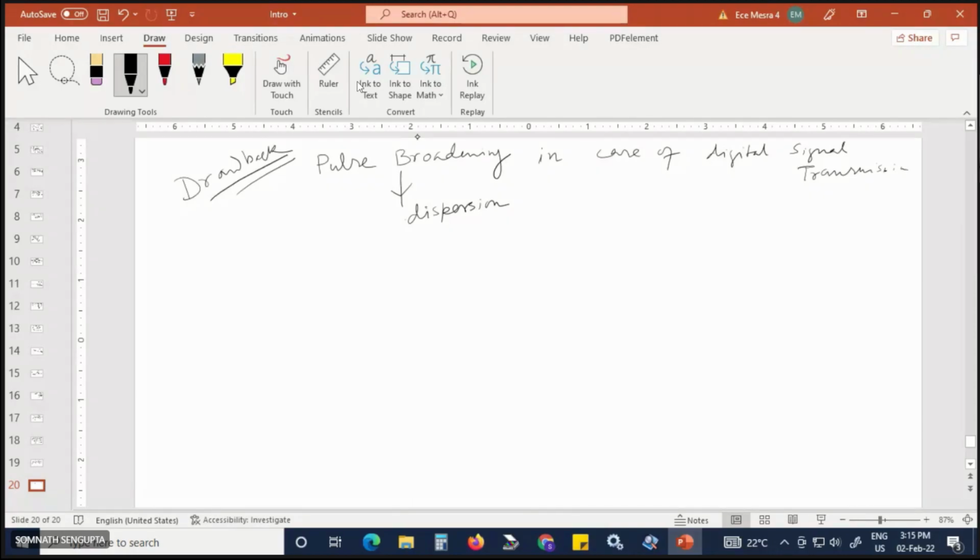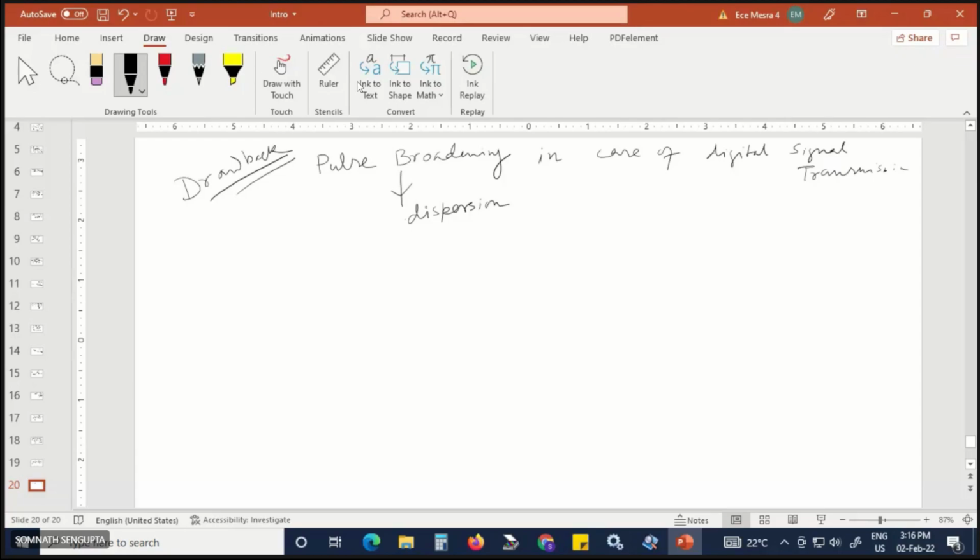Dispersion, you know that if many wavelengths, or many carrier frequencies, travel in a medium, then they reach the receiver at different times. So if they carry one input pulse, let us say, that input pulse will reach the fiber end at different times through different wavelengths.